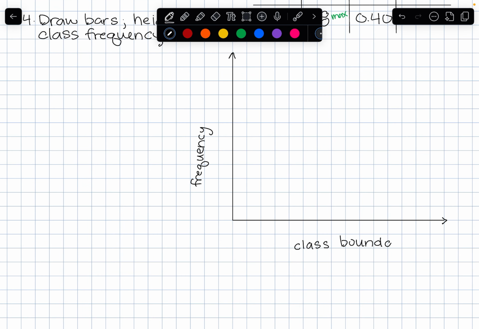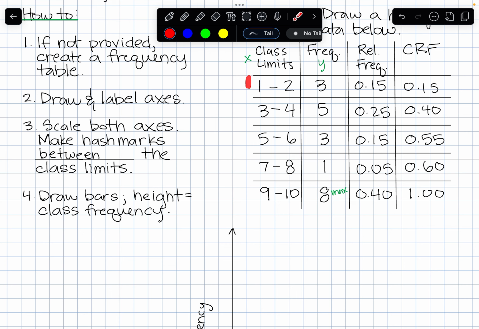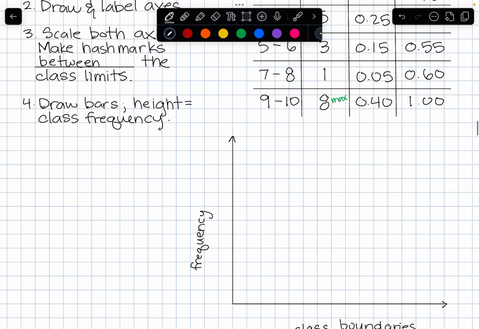So I'm going to have a boundary here, which is going to be this boundary, a boundary here, which is that boundary, a boundary here, which is that boundary, a boundary here, which is that boundary, and then this boundary here. That's going to be 1, 2, 3, 4, 5, 6 hash marks on my grid.